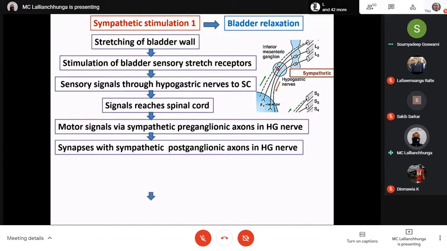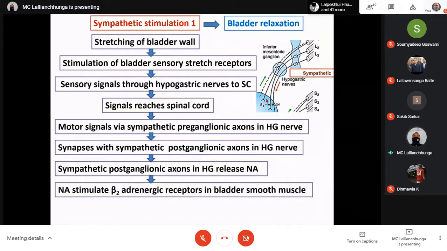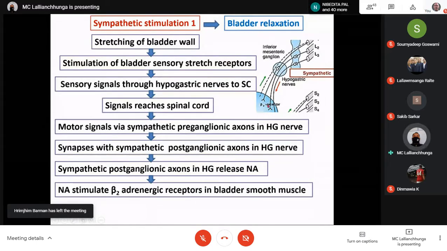All sympathetic postganglionic axons in the hypogastric nerve release what is known as norepinephrine, NA, and can then stimulate beta-2 adrenergic receptors in the bladder smooth muscle.